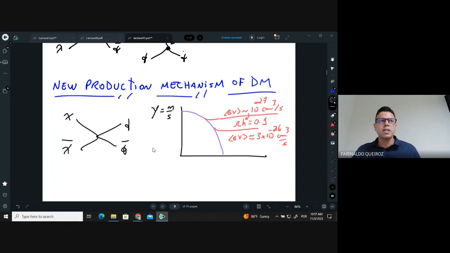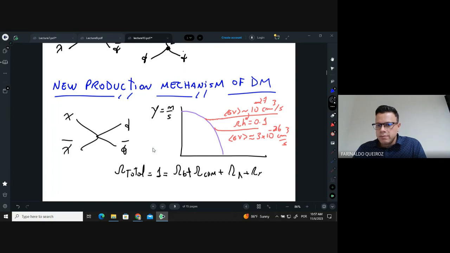Why? Because omega total should be around 1. Omega total should be equal to omega of baryons plus omega of cold dark matter plus omega dark energy. There are some other ones, but they're really small, like radiation and so on, but let's put it here, omega rad.